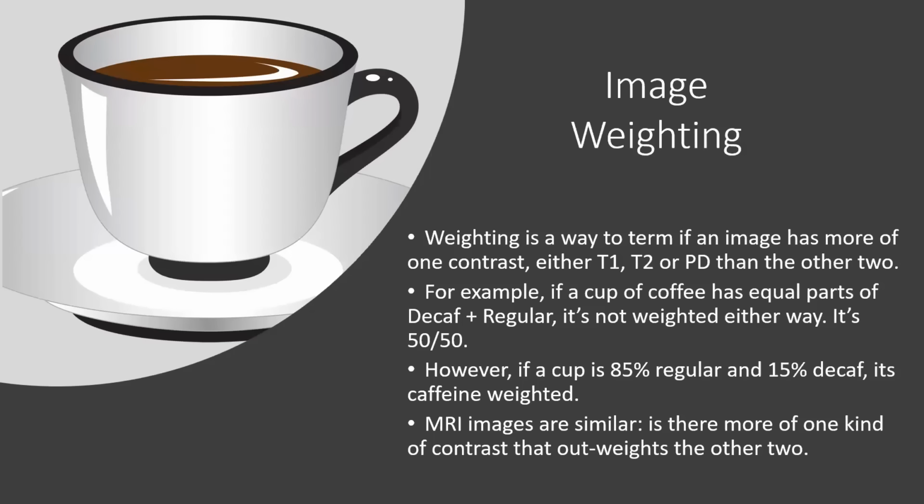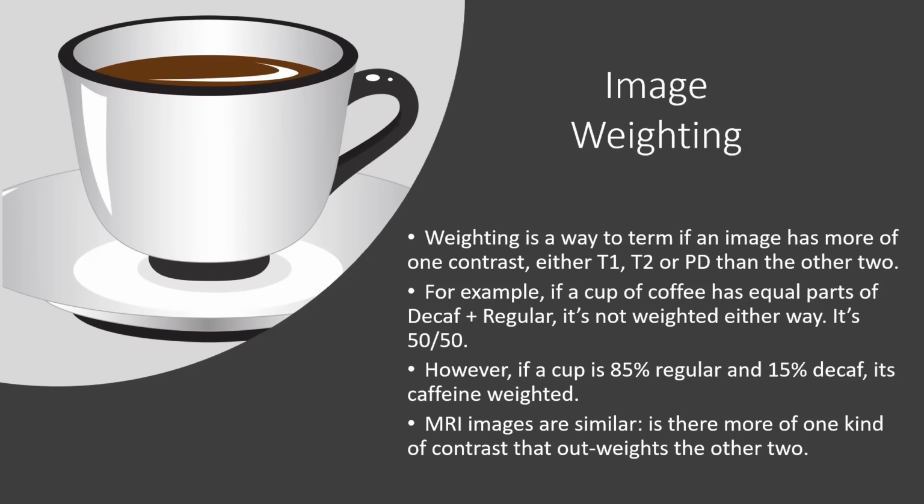If it's half and half, it's not weighted either way. But if you put in 85% regular and only 15% decaf, well, now that's regular weighted. I'm going to equate it to MRI land in just a minute. So MRI images are similar in that there's only one kind of contrast that should dominate. One of them is going to outweigh the other two.